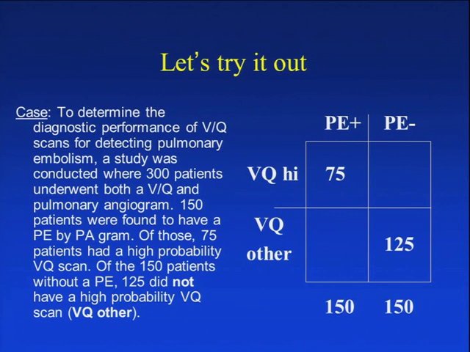However, based on the numbers, you can back calculate and find out that there are 75 patients that were falsely negative. They were labeled as not having the disease by the VQ scan, but they truly had it. And there are 25 patients who had a positive test, but didn't really have the disease. These are your false positives, your false negatives.